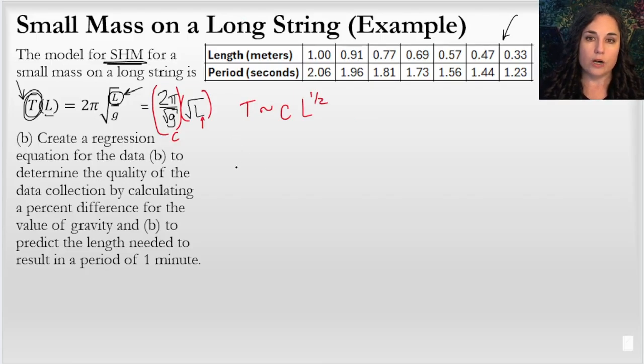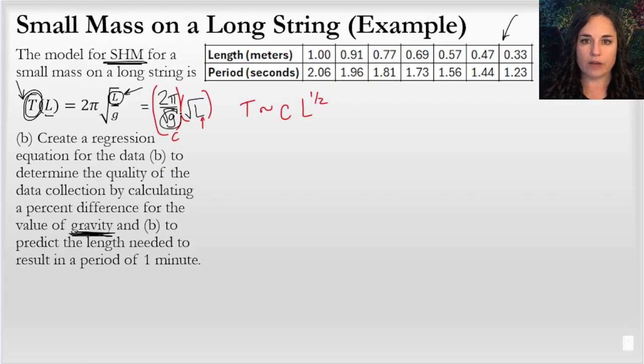And when you take this data, this is real data by a group that I taught. They created this data in lab, so hopefully they took really good data. There's technique when you're collecting data. You need to be very precise to get very good data. It says create a regression equation for the data to determine the quality of data collection by calculating a percent difference for the value of gravity.